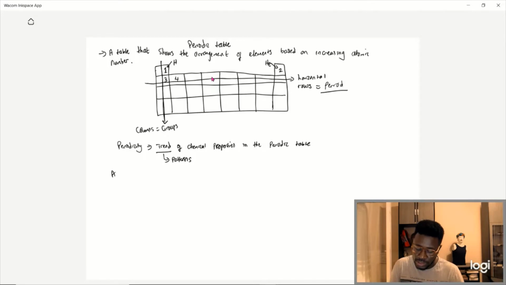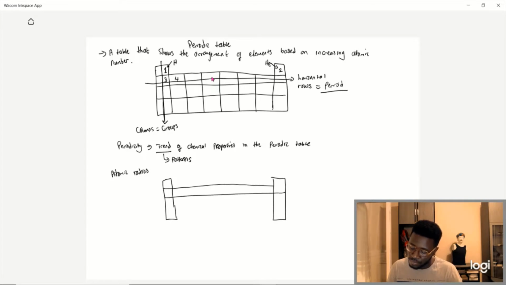So let's talk about atomic radius quickly. In the periodic table, atomic radius changes in a specific way. First, what is atomic radius? Atomic radius is the distance between the nucleus and the outermost electron.